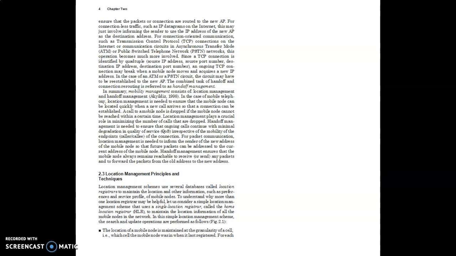For connection-oriented communications such as transmission control protocol or TCP connections on the internet, or communication circuits in ATM, asynchronous transfer mode, or PSTN, public switched telephone networks, this operation becomes much more involved, since a TCP connection is identified by a quadruple, that is source IP address, source port number, destination IP address and destination port number.